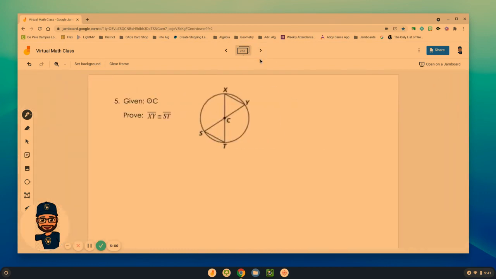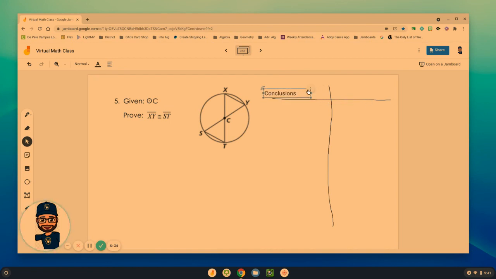Next one. Given that we have a circle with a center C, we want to prove that segment XY is congruent to ST. All right, I'm going to try and type this one out. So we've got some conclusions, and then we've got also some justifications.